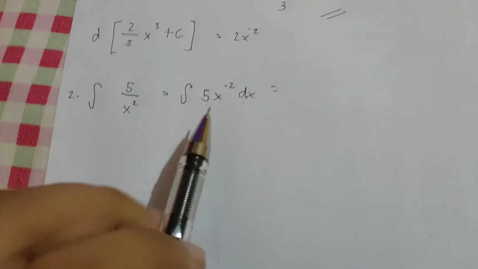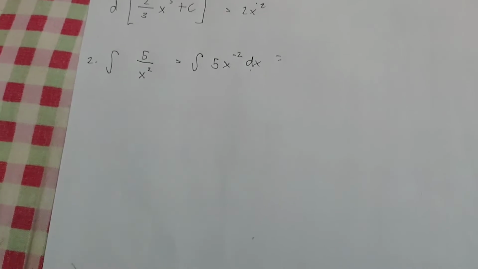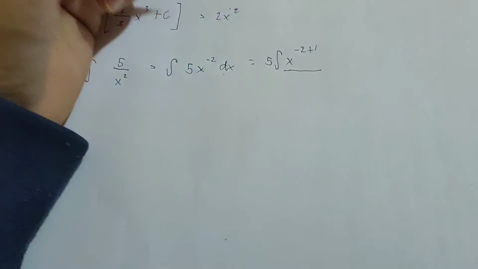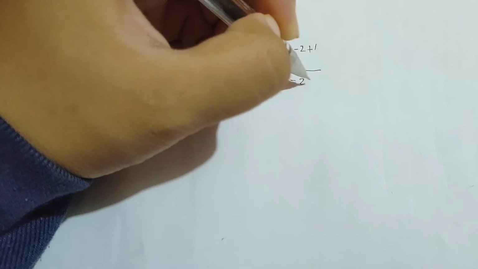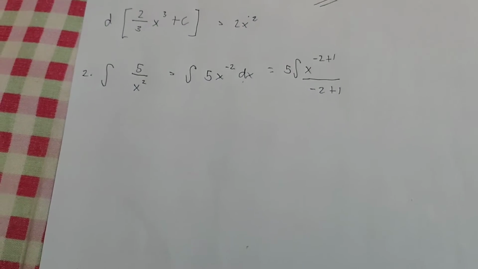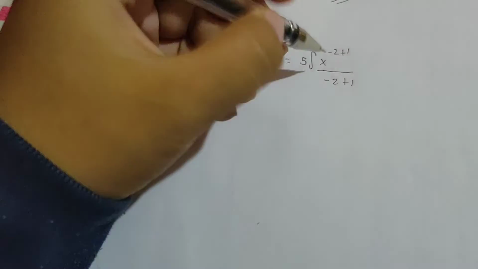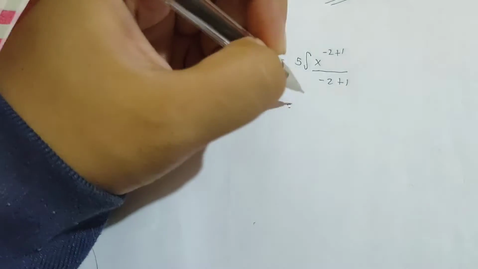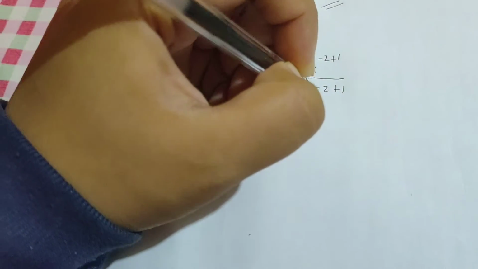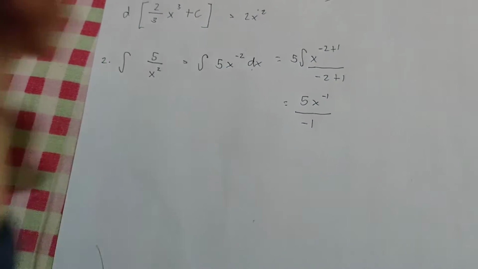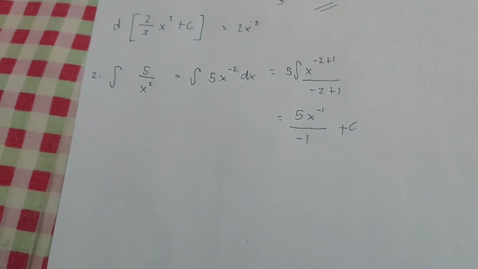Equals. So, you see, it will be integrable, right? We'll just put the 5, which is our constant, outside. 5 x to the negative 2 plus 1 all over negative 2 plus 1, which is just negative 1. Our answer would be 5 x to the negative 1 all over negative 1 plus c.